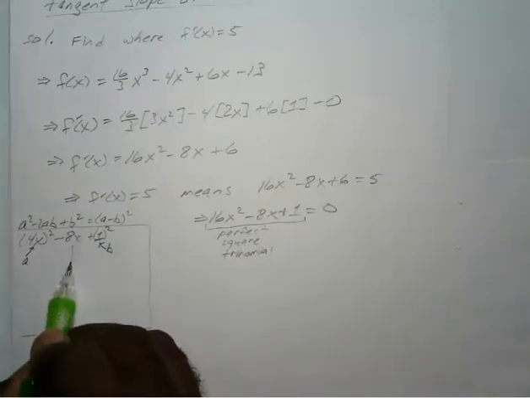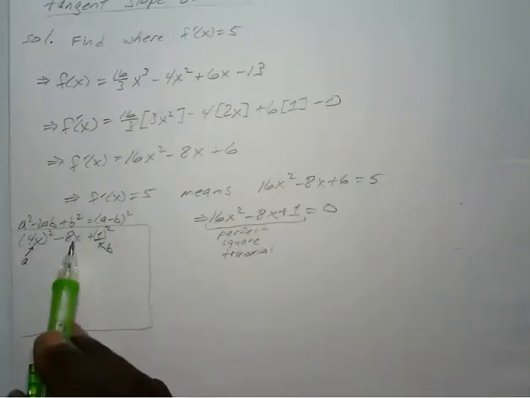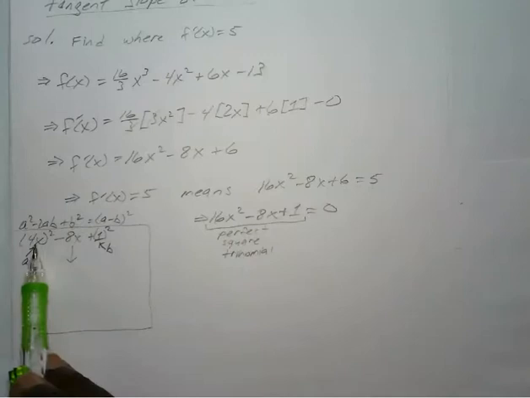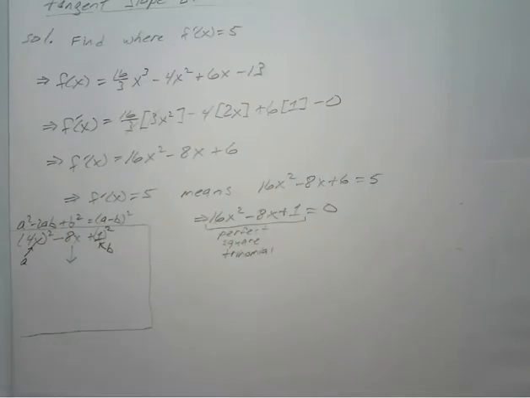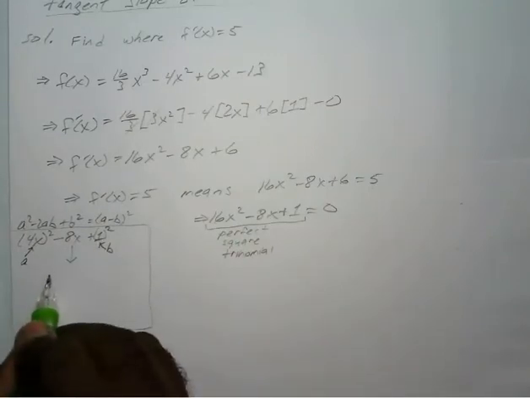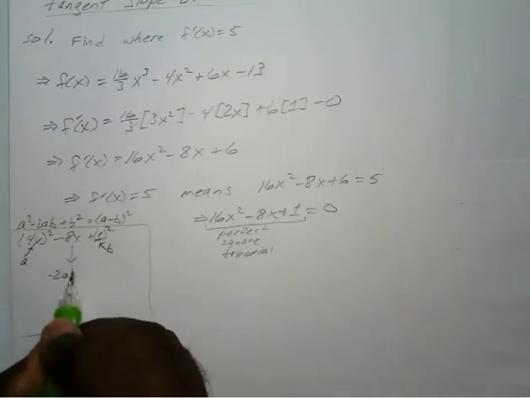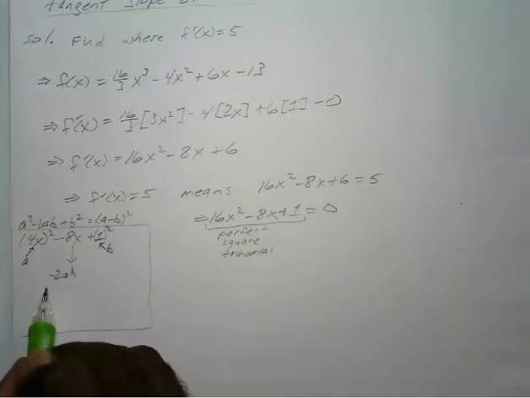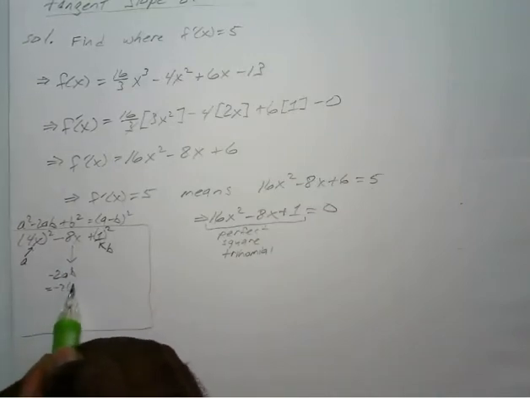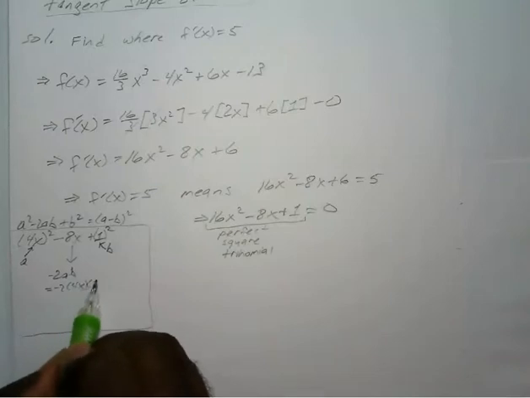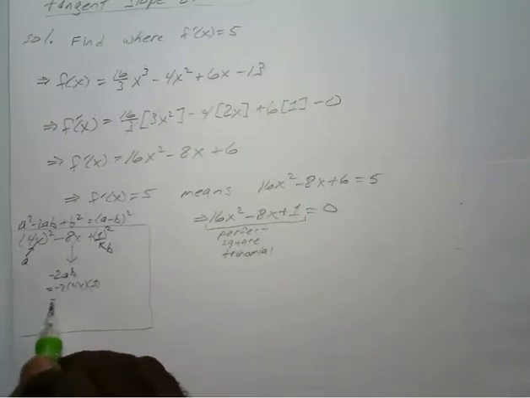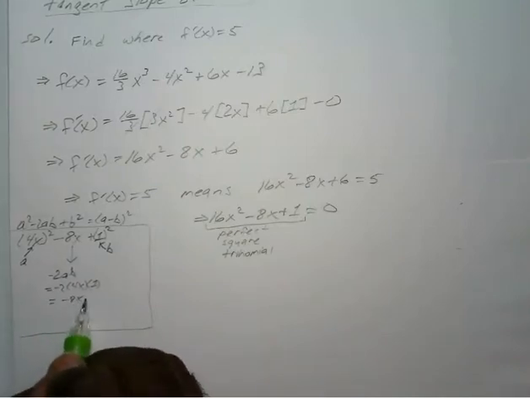If negative 2ab is equal to negative 8x, then we know we can just factor this into 4x minus 1 squared. Okay, so negative 2ab is actually equal to negative 2 times 4x times 1, which is negative 8x. So we're good.